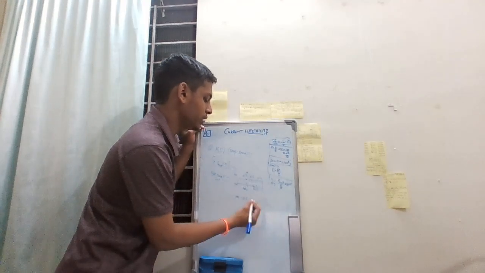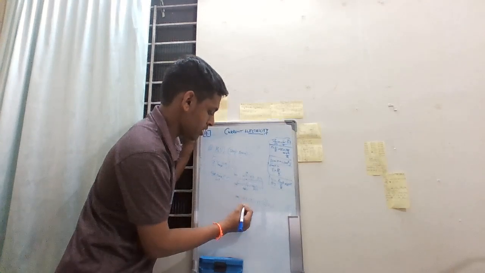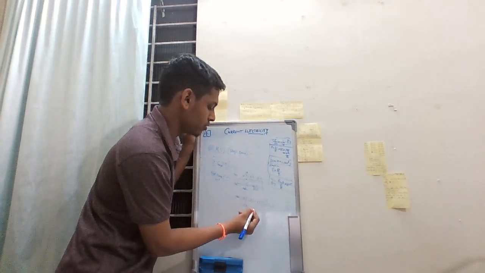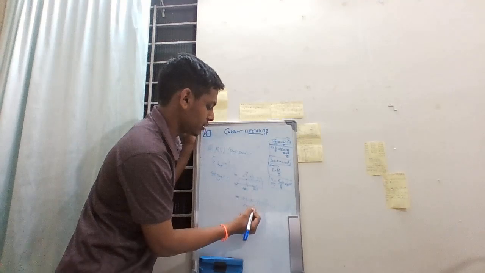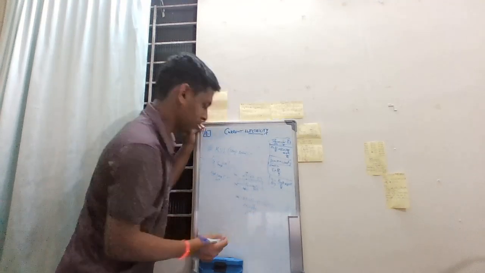So 5, 8, 10 and 10, that is 20. 20I equals 100. So I equals 5 ampere.